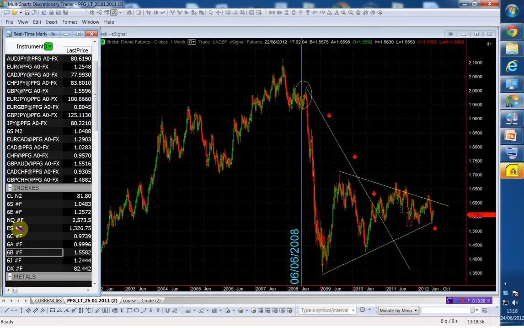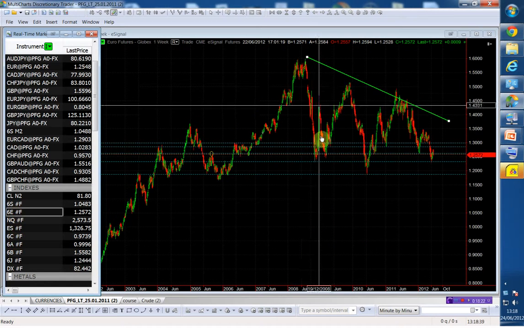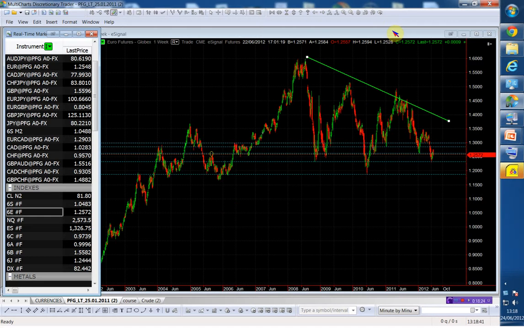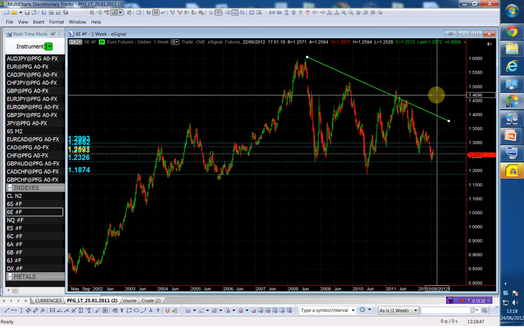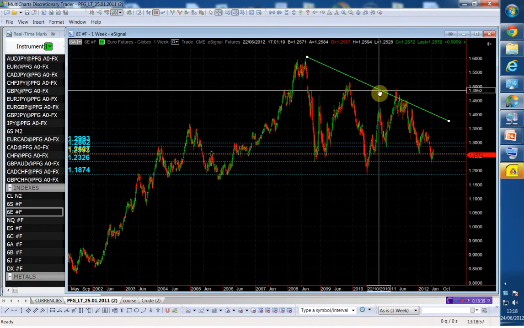So if you look at this, the trend would have been originally to the upside, but right now we have entered into this kind of a triangle that is failing to make higher highs, and it's beginning to continue to make lower lows and breaking structure points on the way down.